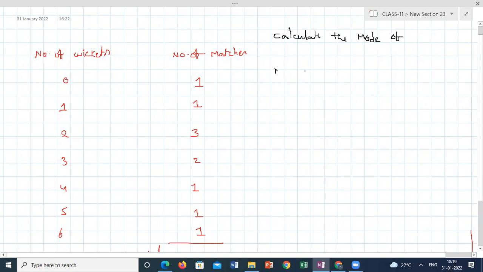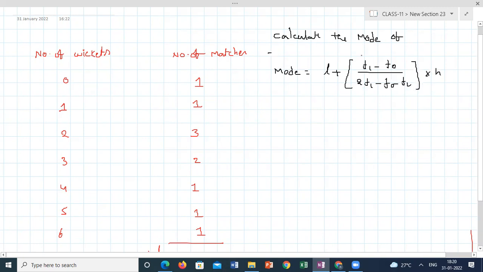The formula is: mode equals L plus (F1 minus F0) by (2F1 minus F0 minus F2) into H.